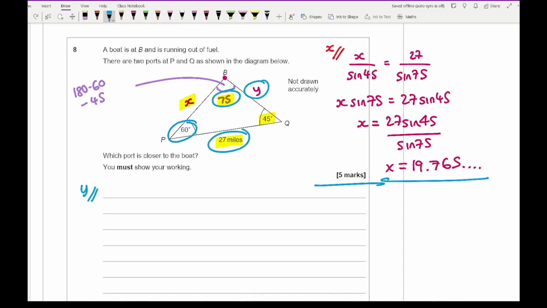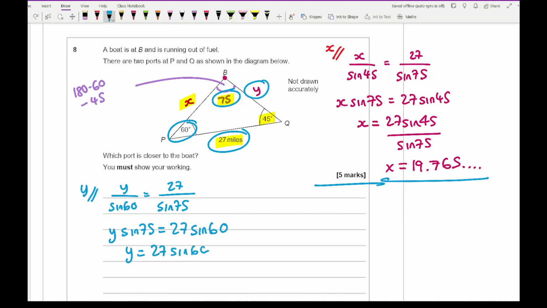So here I get y over sine 60 equals 27 over sine 75. Then cross multiplying, I get y sine 75 equals 27 sine 60. So y equals 27 sine 60 over sine 75.